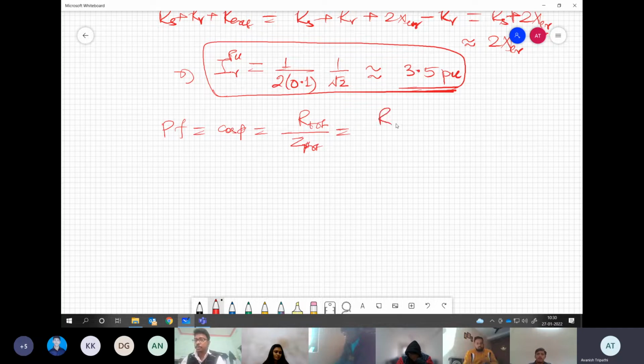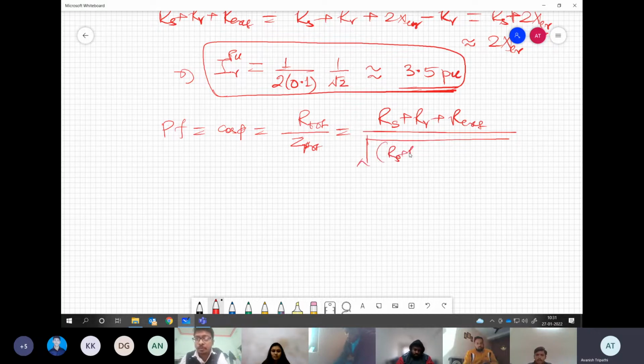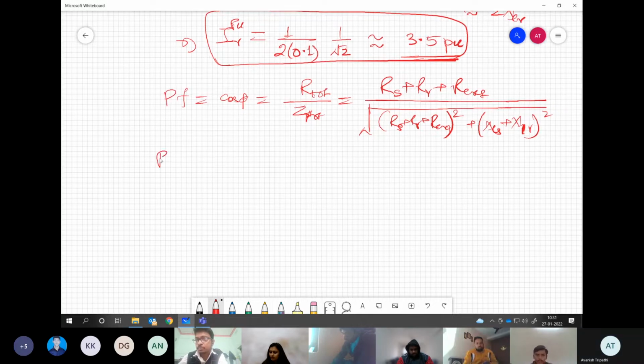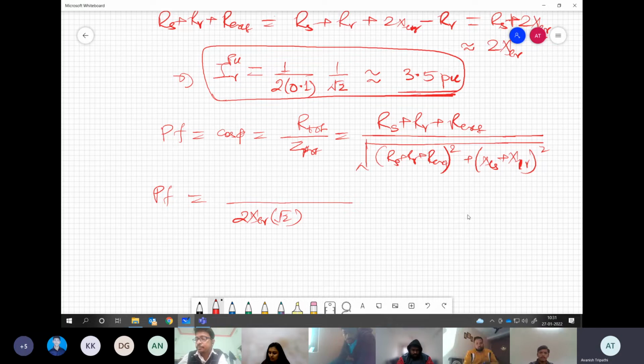So R total is basically again Rs plus Rr plus R external, and this is divided by the whole value, the square root of Rs plus Rr plus R external squared plus XLS plus XLR squared. This term in the denominator, we have seen, is approximately 2 XLR times root 2. Okay, this is what we have, right?